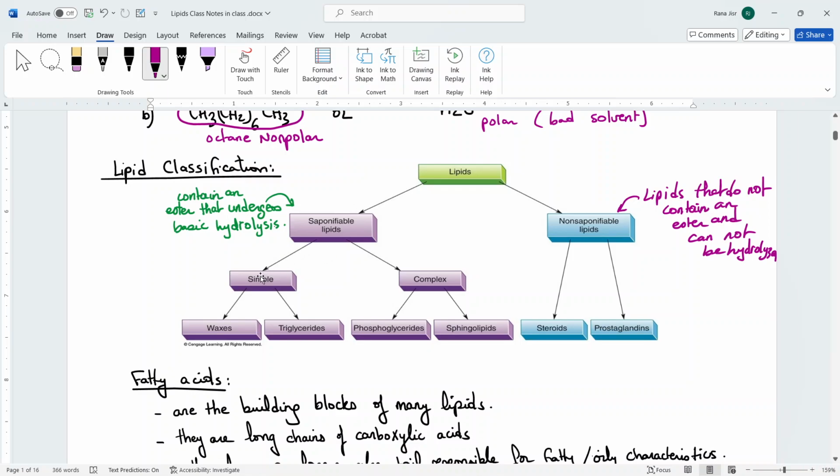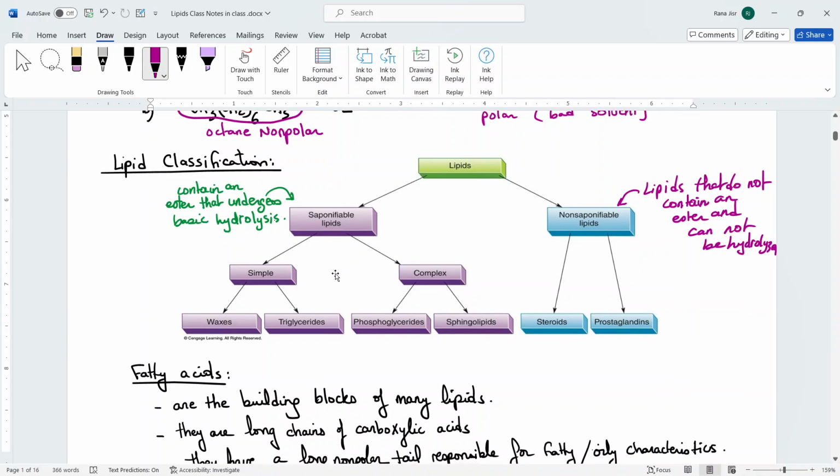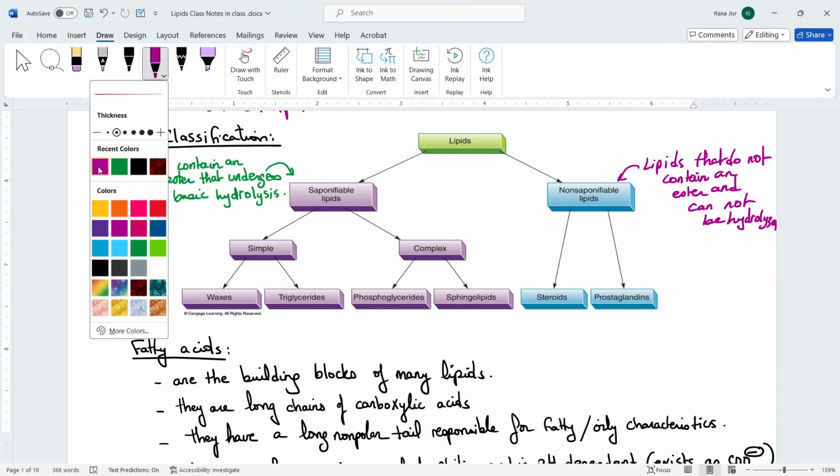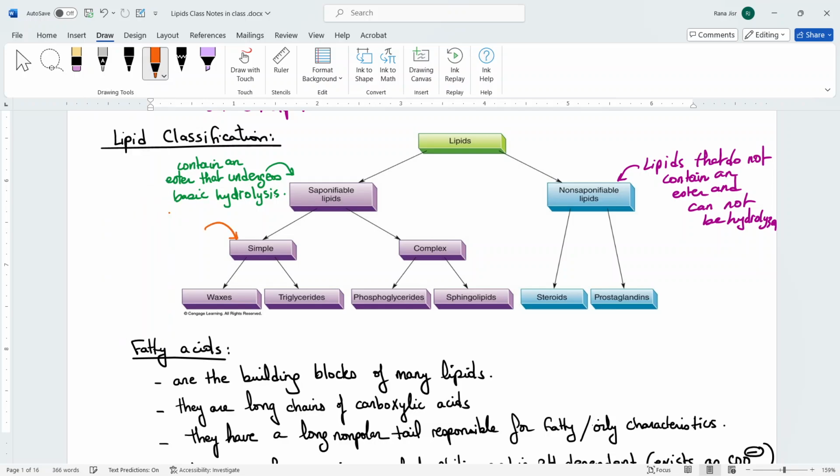Saponifiable lipids are divided into two types of lipids: simple lipids and complex lipids. Now, simple lipids contain one or more fatty acids and an alcohol. This is what a simple lipid is.